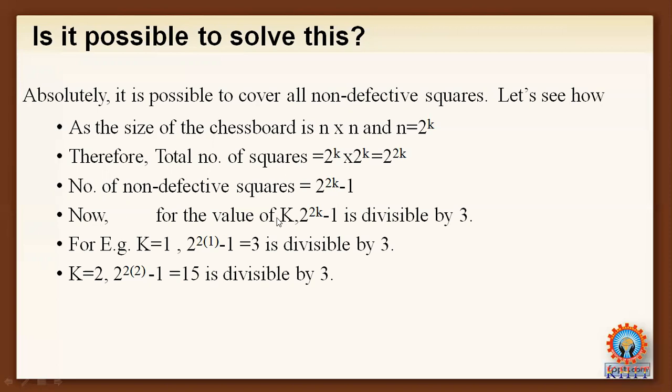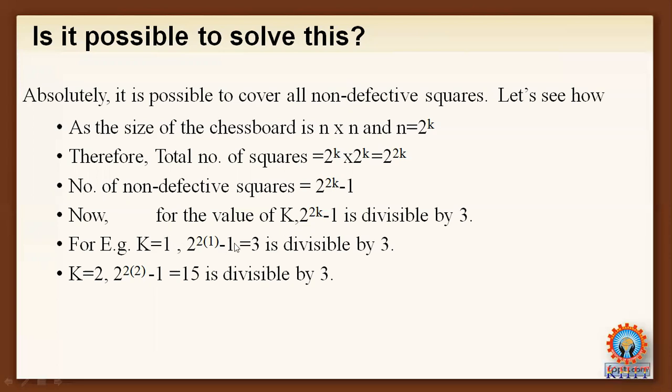Now check whether this is divisible by 3 or not. For the value of k, substitute in 2 power 2k minus 1 and check whether it is divisible by 3. For example, consider k equal to 1.